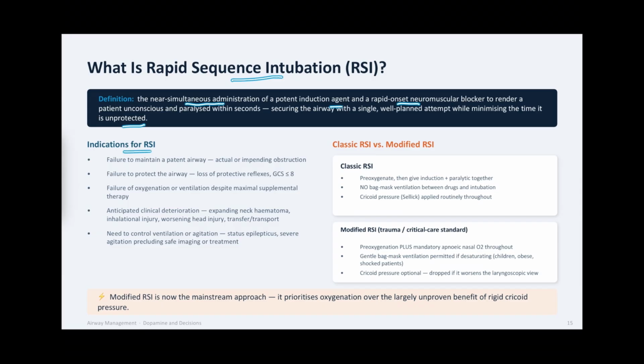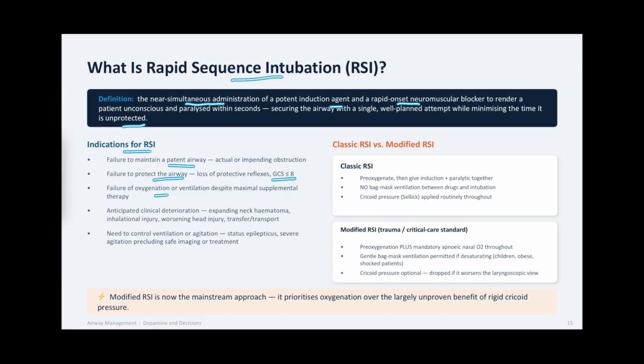So when should we perform RSI? The first indication is failure to maintain a patent airway. A patient with severe facial trauma, expanding neck hematoma, or upper airway obstruction may simply be unable to keep the airway open. The second is failure to protect the airway in patients with GCS of less than or equal to 8. These patients are unable to protect themselves from aspiration.